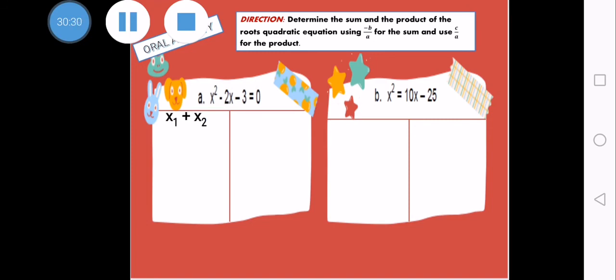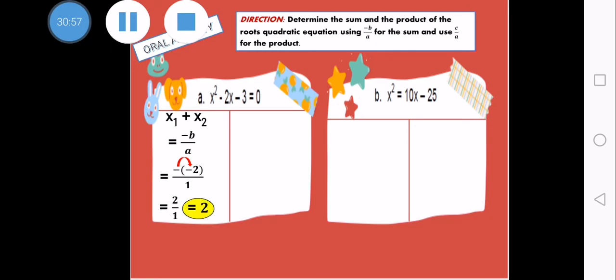So, ang sum nito, ayan, negative b over a. So, ano ba yung b niya? Negative 2. Since negative po ang b, edi i-multiply po natin siya sa negative sign ni b. Kaya, negative times negative 2 over 1. So, yan po ay magiging positive 2 over 1. Kaya, ang sum of the roots ay positive 2.